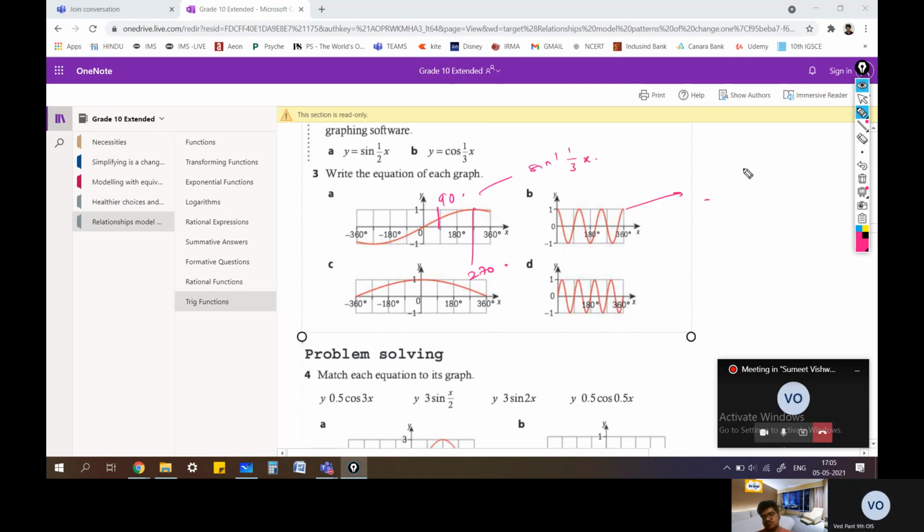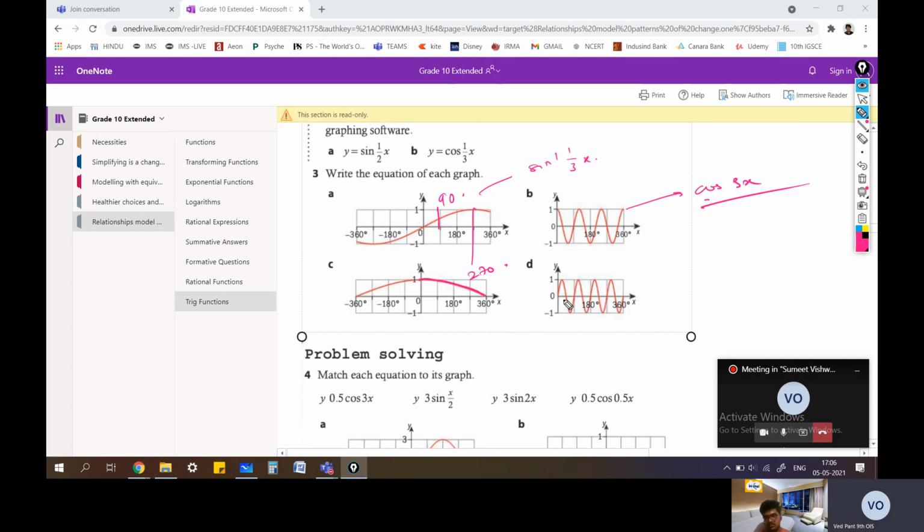Yeah, and what about this? It's a compressed cos function, so it'll be cos. How many waves are there? See now, 1, 2, 3. So cos 3x. Okay, that makes sense. Yeah. Then we can do the same thing for D actually.